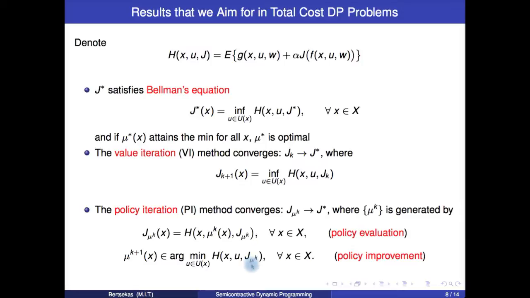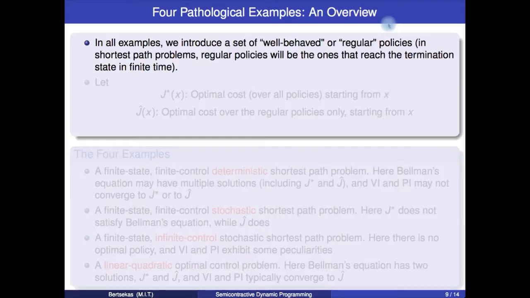We will now consider some examples that are pathological in the sense that the results that you expect to hold, as in the preceding slides, do not hold. In particular, Bellman's equation may not hold, or value and policy iteration may not work as expected.